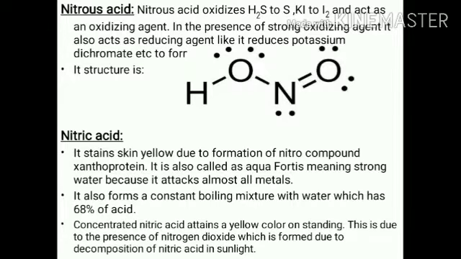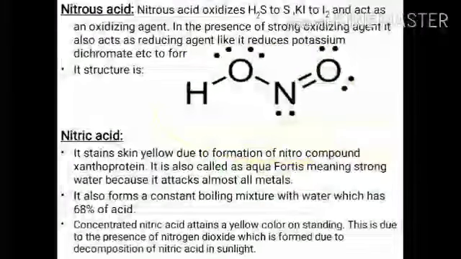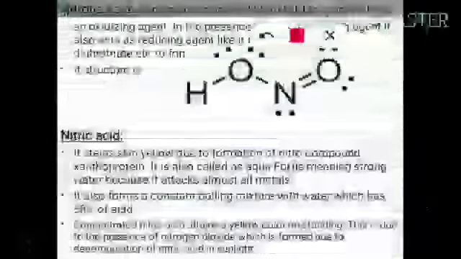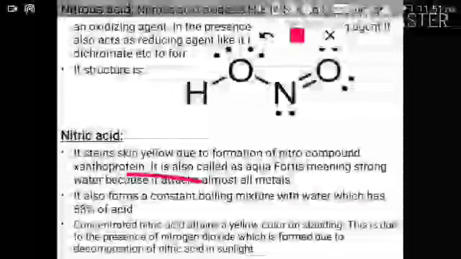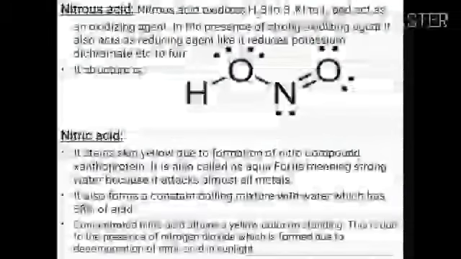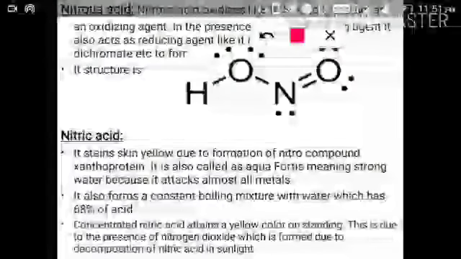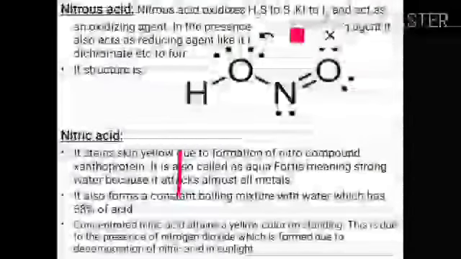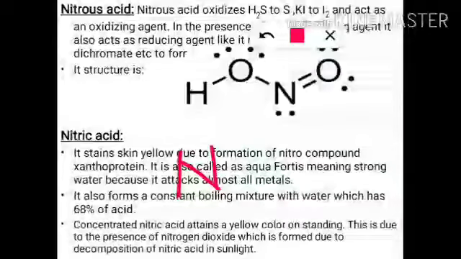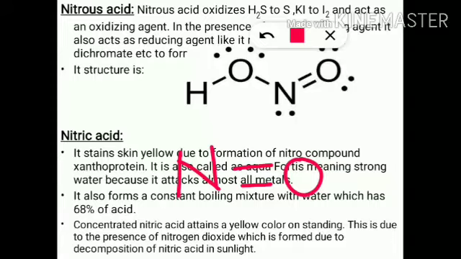The structure of nitrous acid, HNO2, I would like to draw. First of all, the center atom is nitrogen. Nitrogen forms a double bond with oxygen, meaning 2 electrons of nitrogen and 2 electrons of oxygen.